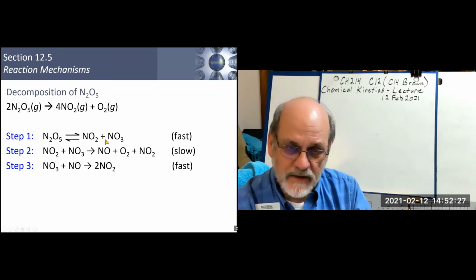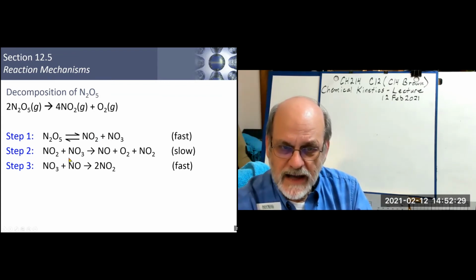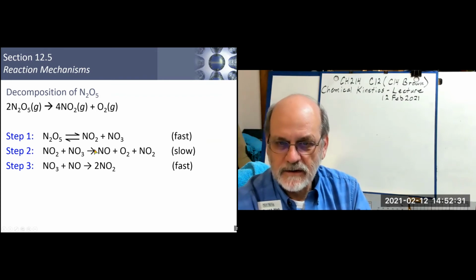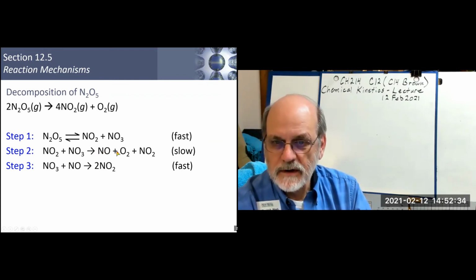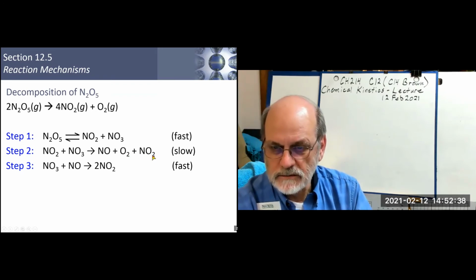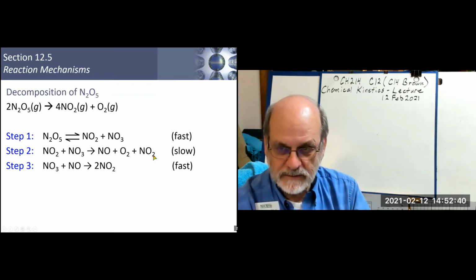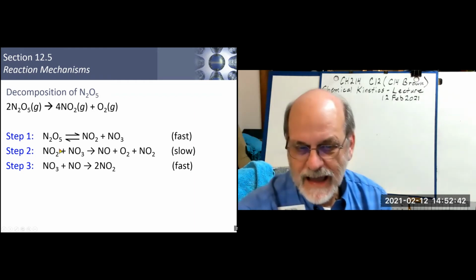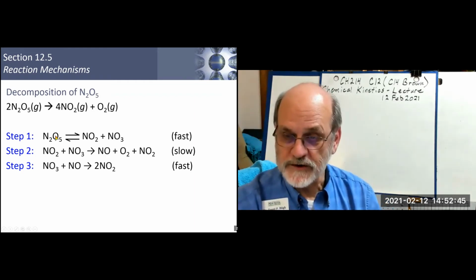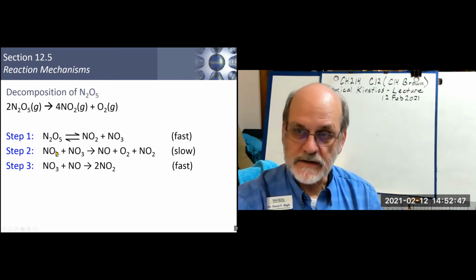And then we take the NO2 and NO3 and they react together to produce NO plus O2 plus NO2. That's the slow step. And it should be slower than the first step. Why? Because it's bimolecular.